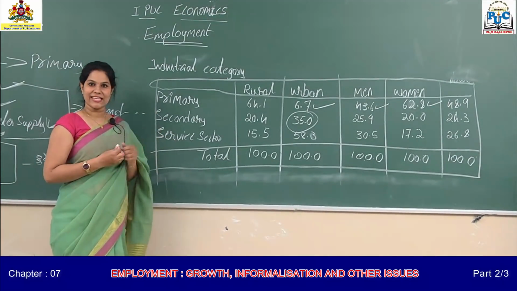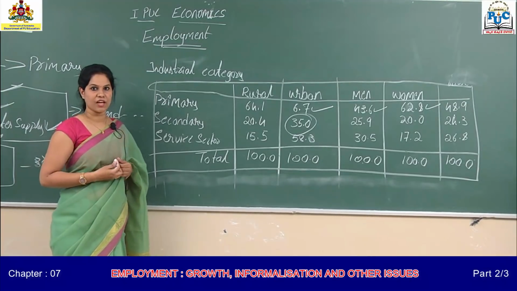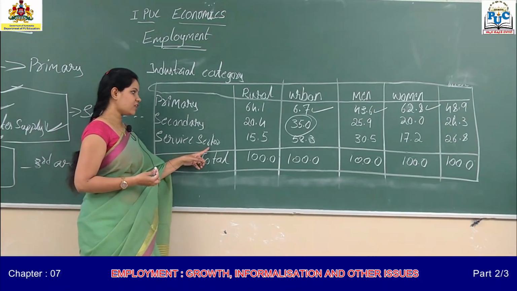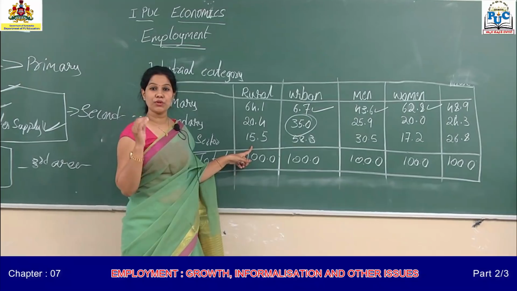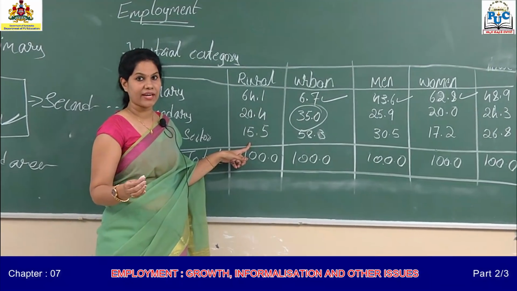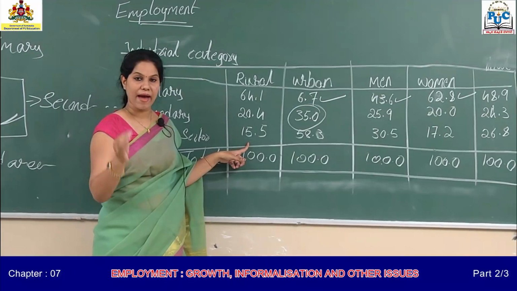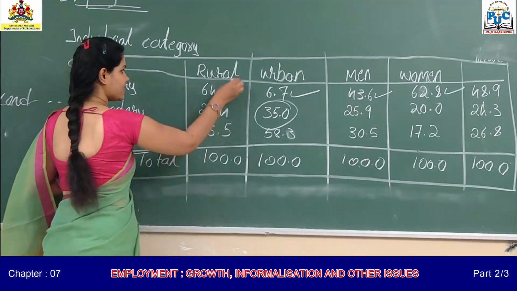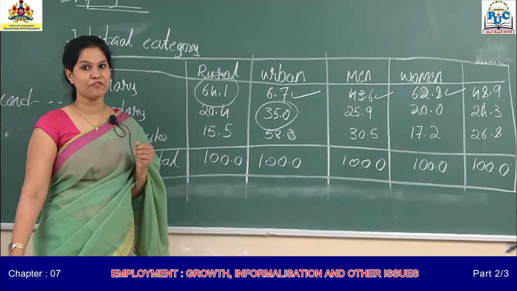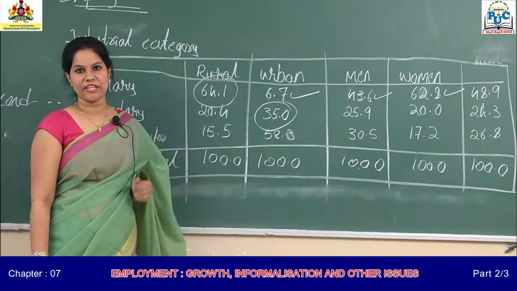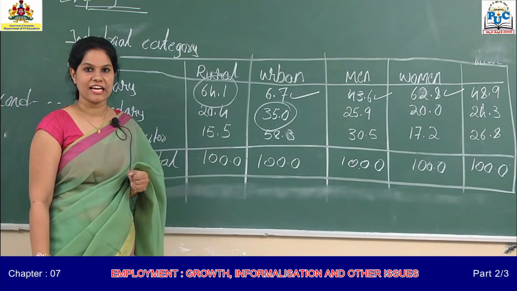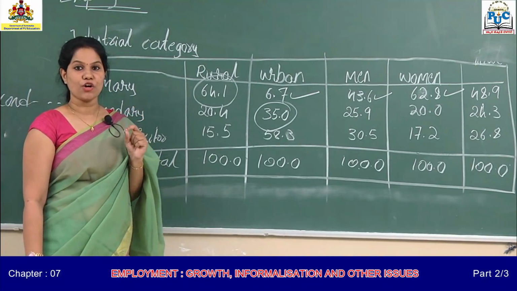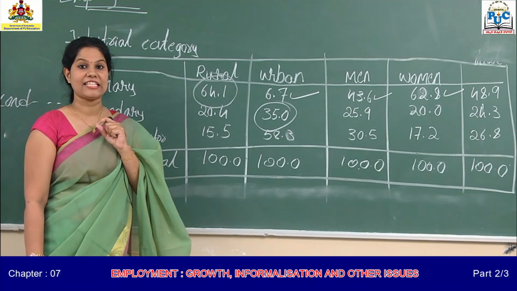Let's go with the last sector, which is the service sector. When we are talking about the service sector, the rural contribution is definitely very low, as I said, because the maximum people involve themselves in the agriculture sector. You can see here, 60. The maximum population are dependent on agriculture sector. That is the reason why the contribution to the service sector is really low.